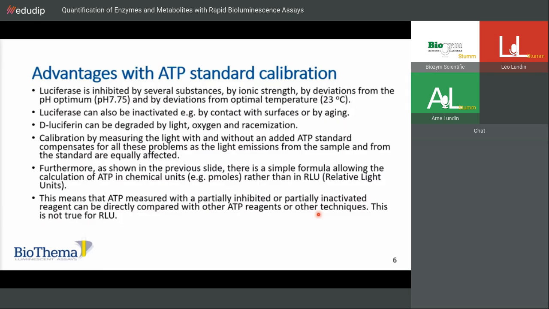This is not true for RLU. A standard curve with several ATP concentrations is only required when setting up the assay, and then mainly to find the upper limit of the linear range of the luminometer. As the light signal is strictly proportional to the ATP concentration, a standard curve for each experiment is just a waste of reagents and labor.